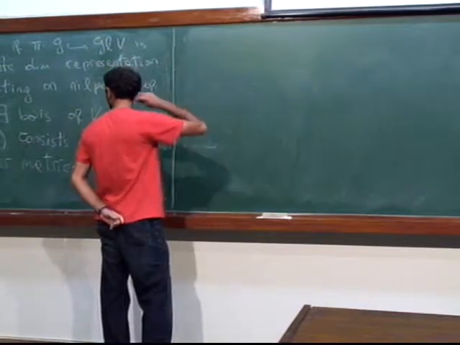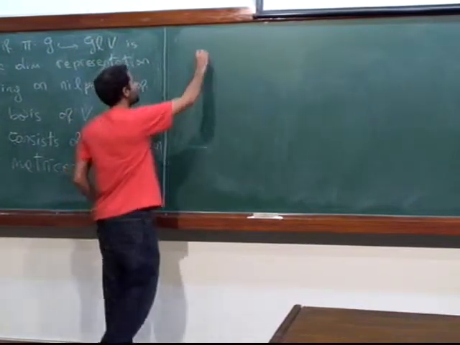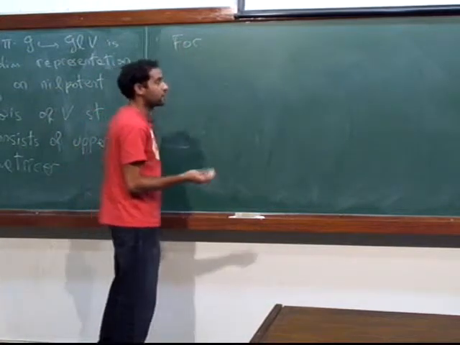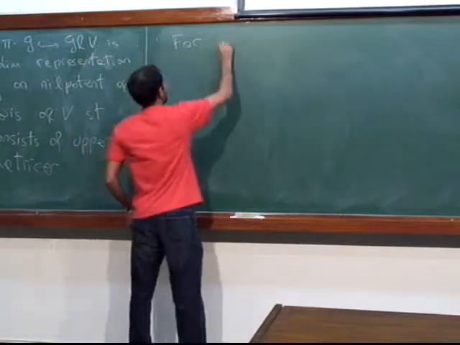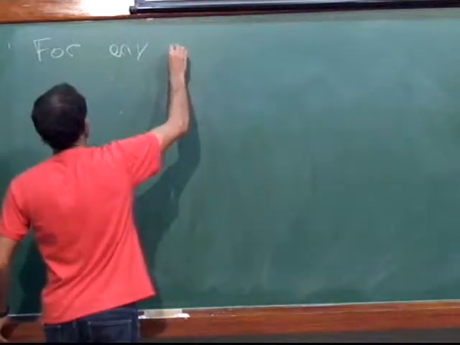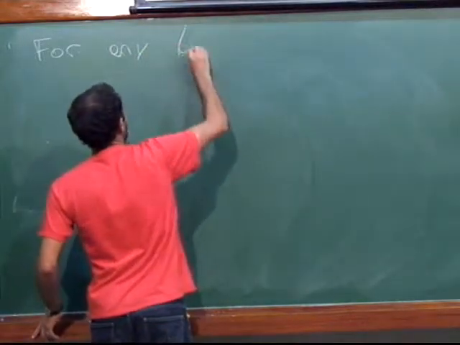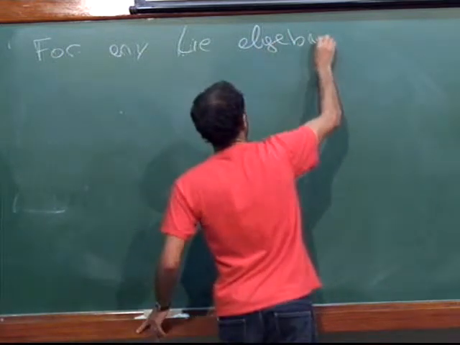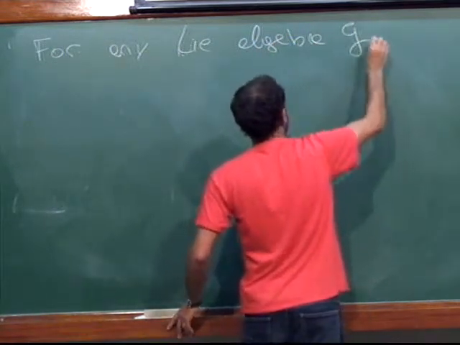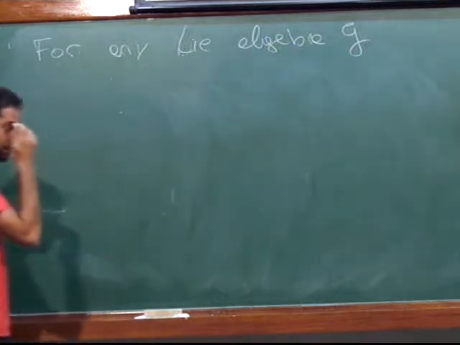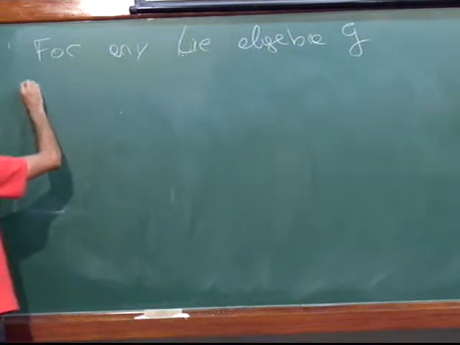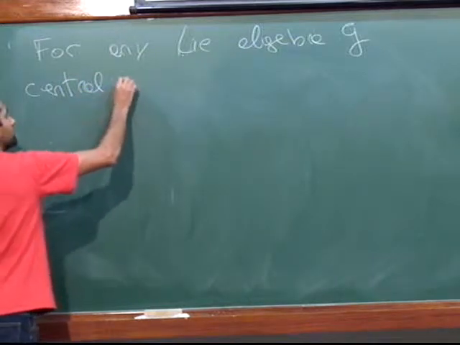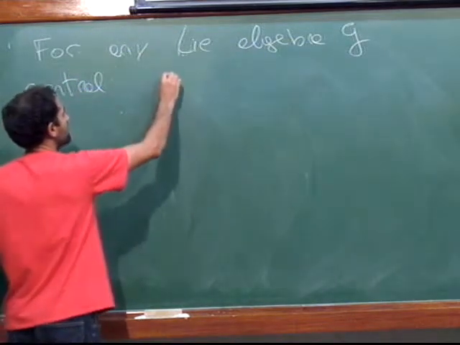Now, let me define, for any Lie algebra, so that we finish defining what a nilpotent Lie algebra is, a sequence, or two sequences. The central sequence is as follows.